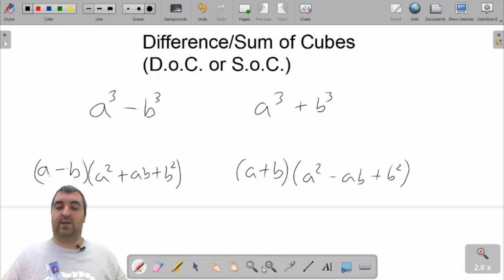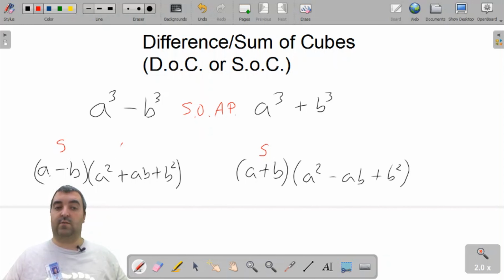There is a little acronym that might help you remember which goes with which, and it's SOAP. S stands for same. The first plus or minus sign is always the same as whatever you were dealing with. So here it's minus, so this was minus. This was plus, this was plus.